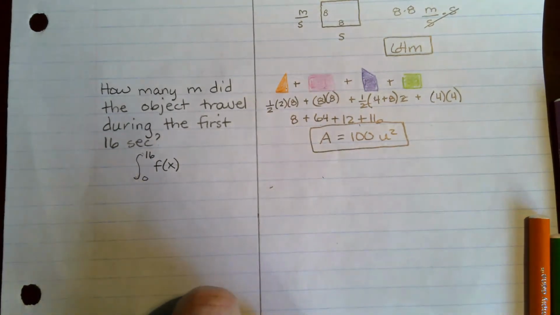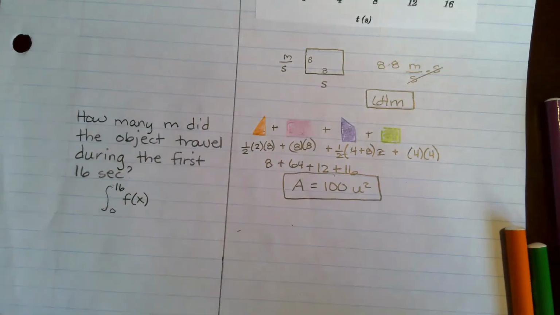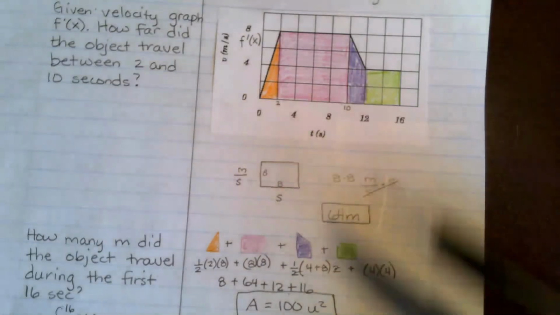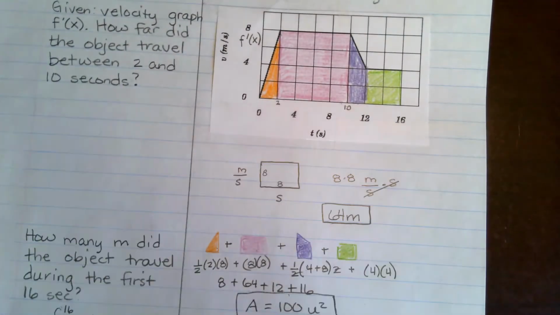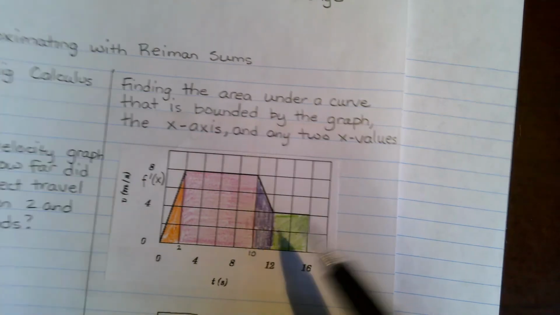So that's the first important part of these, and I gave you an example just using a Riemann sum. Let's look at the next little part. What if the velocity function was not one we could find the area under? This was really easy because we had a triangle, a square, a trapezoid, a square, but what if we couldn't find it that easy?